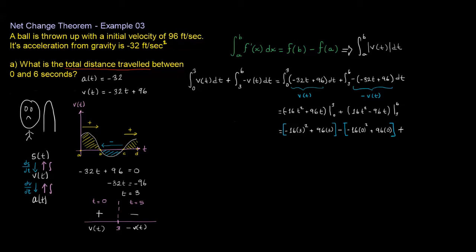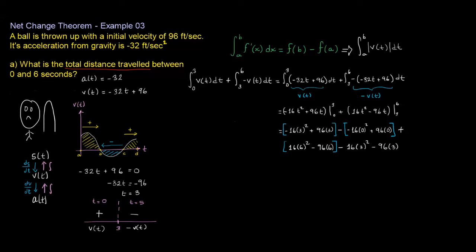I'm going to continue in the next row. I'm going to evaluate first 16 times 6 squared, minus 96 times 6, and then minus, in brackets, 16 times 3 squared minus 96 times 3.